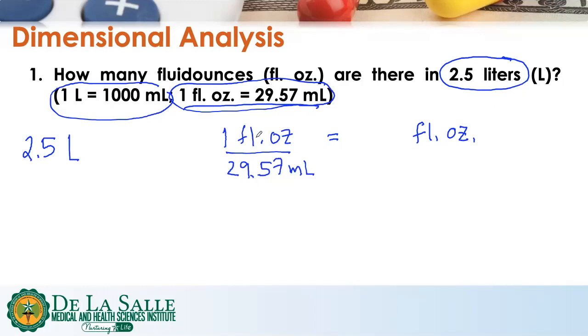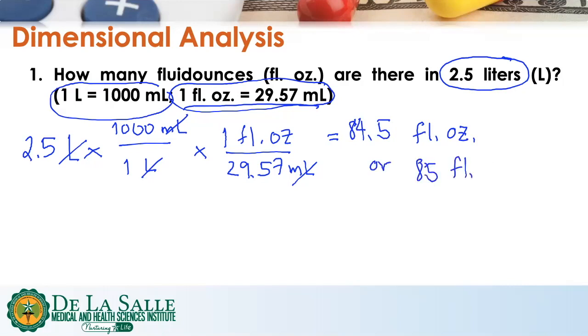In order to cancel out the units liter and milliliters, we need to use the other conversion factor, which converts a liter to 1000 milliliters. Next, we cancel like terms, liter and milliliter, leaving us only with fluid ounce. The final answer will be 84.5 fluid ounces, or we can round this off to 85 fluid ounces.